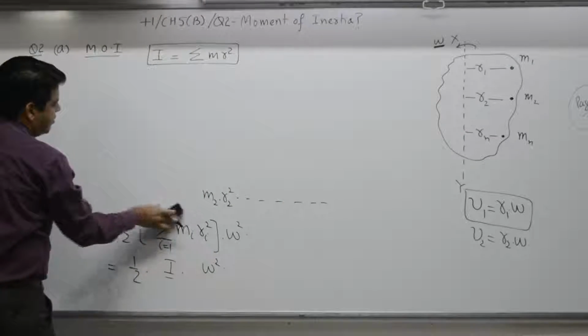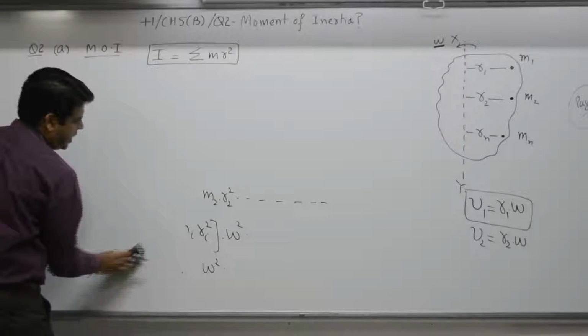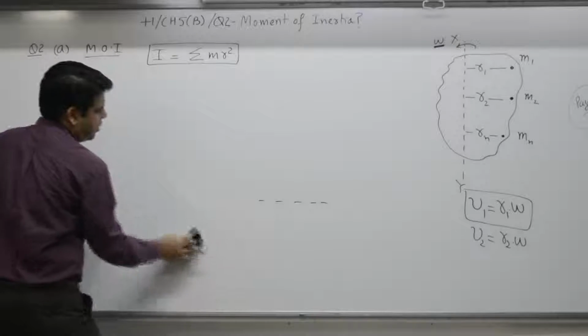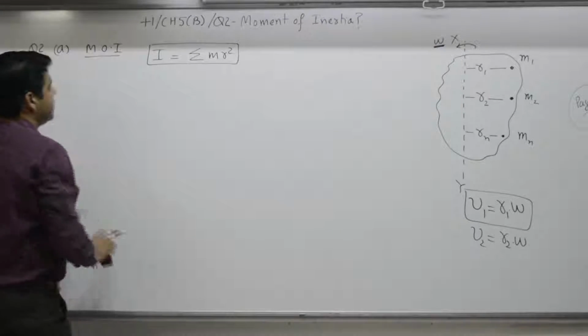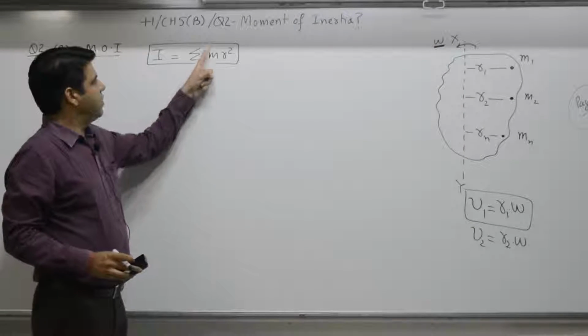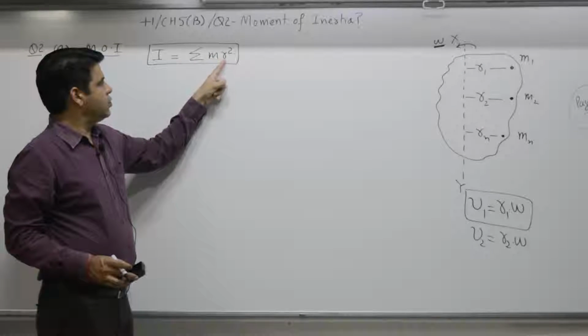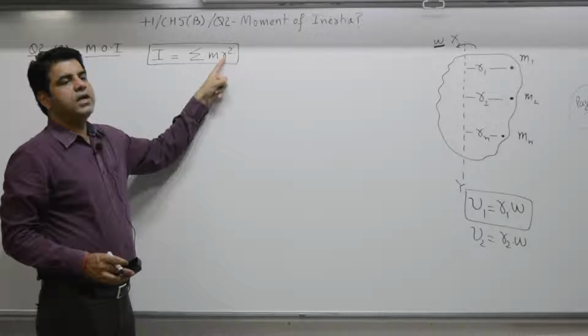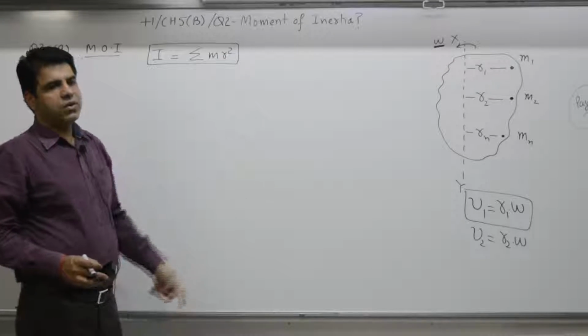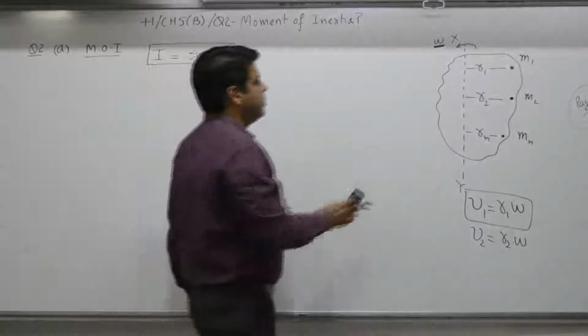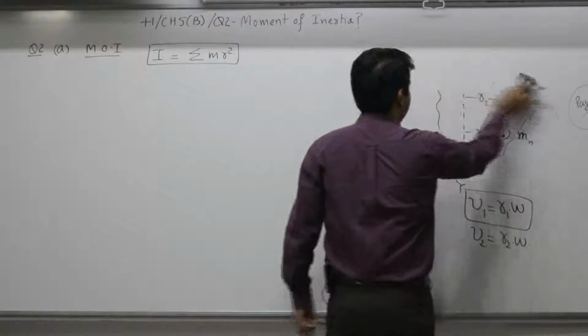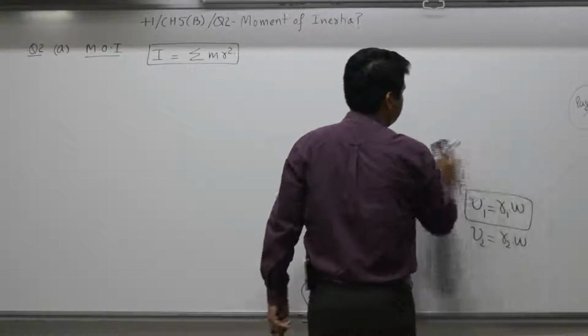It is the sum of products of mass into square of perpendicular distance. R is the perpendicular distance from the axis of rotation. So, the first part deals with what is moment of inertia.